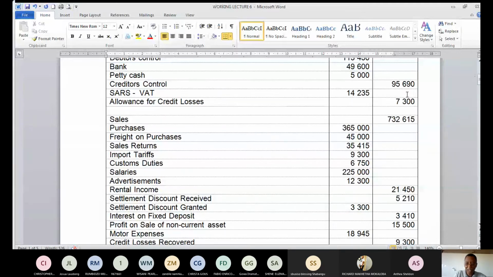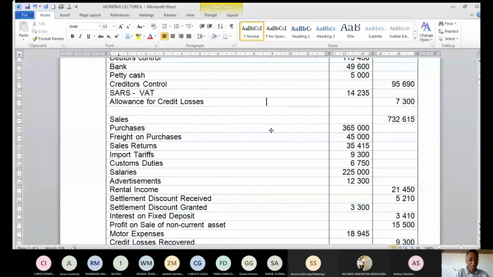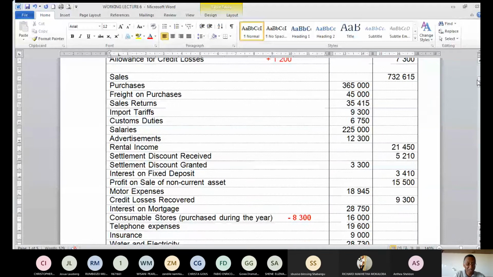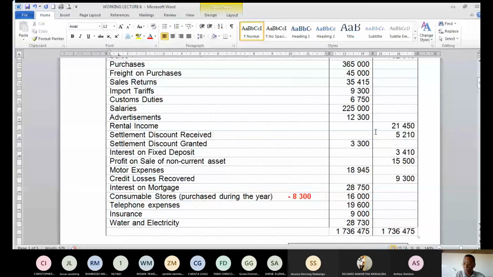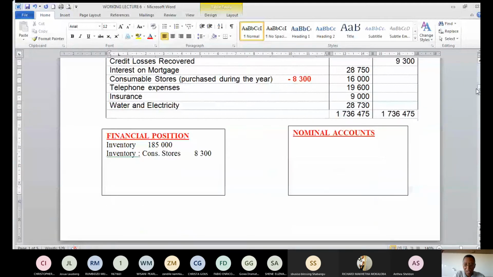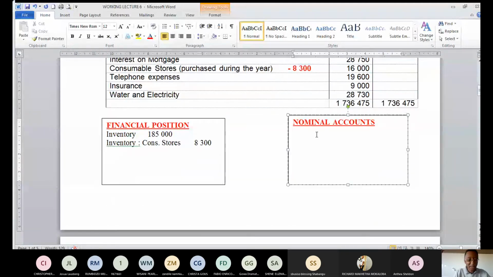Our allowance for credit losses is 7,300. We will have to increase that amount now by 1,200 Rand. And when you work with allowance for credit losses, the other expense involved here is credit losses. We don't have an account credit losses now, so we will have to add a new nominal account called credit losses.